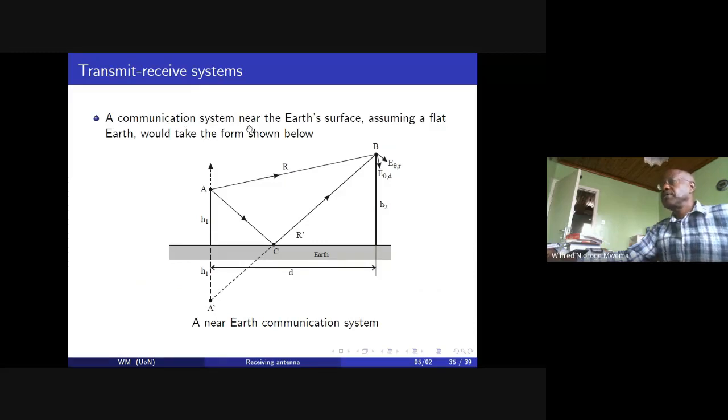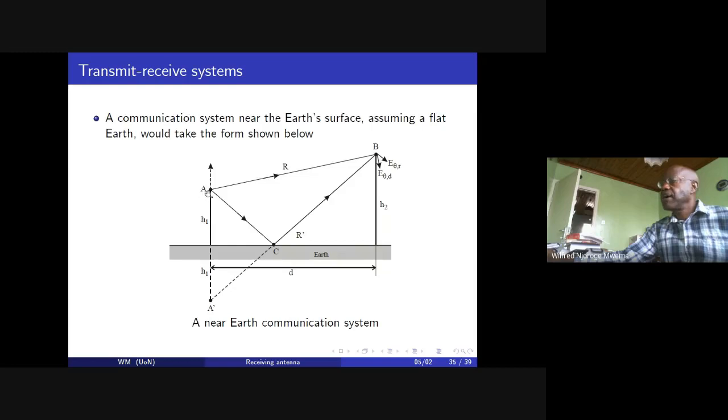A communication system near the Earth's surface, where we assume that the Earth is flat, would take the form shown below. We have an antenna at a height H1 above the Earth's surface and another antenna at a higher height, H2. A direct wave will be received at B, traveling from A to B directly.